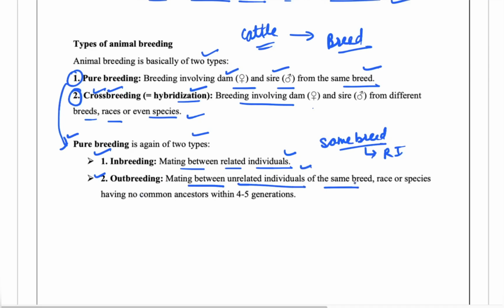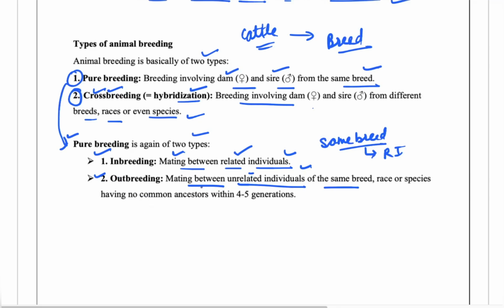Always remember, in pure breeding you are going to take the same breed of male and female, right? And within the same breed, if the mating pair has related individuals, then this is inbreeding. But if the mating pair is from different, unrelated individuals of the same breed, same race, same species, then it is outbreeding.